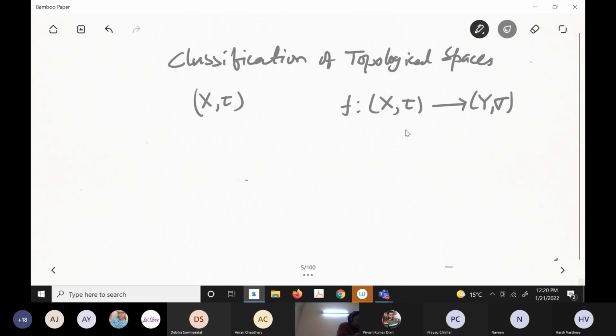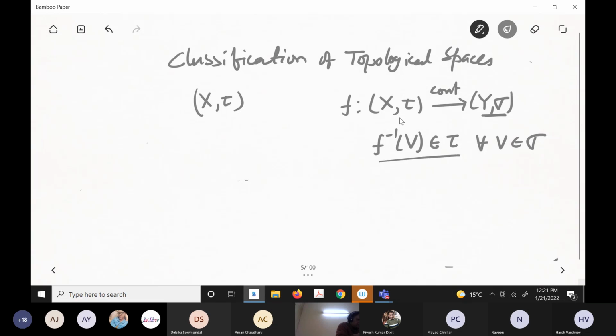But before that, you see, what about continuity? Continuity gives you f inverse of V belongs to tau for all V belongs to sigma. Look, in topology, not only do I have a map, I'll have to identify the elements, and I'll have to identify the open sets also. Now look here, for each open set, you are getting an open set.